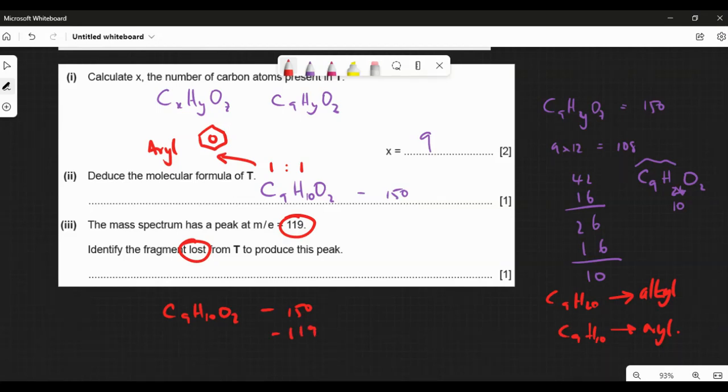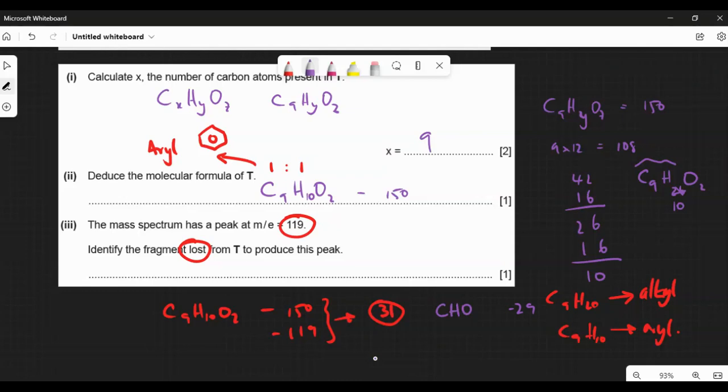If I take 119 from this, I get 31. So I've got to get something that's lost that has a mass of 31. I'm going to start with CHO. A very common CHO, which you should all know, has a mass of 29. That's 12 plus 1, which is 13, plus 16, which is 29.